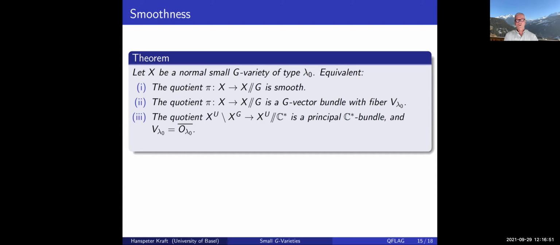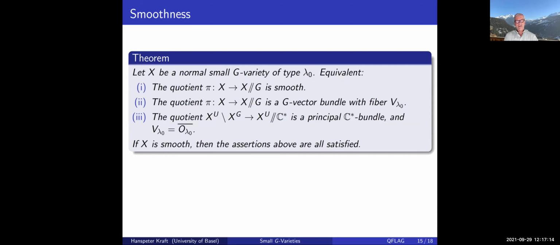And thirdly, the quotient of X minus the G-fixed points, you remove the G-fixed points and map it onto X mod U mod C star, is a principal C star bundle, and V lambda naught is the closure of this minimal orbit.